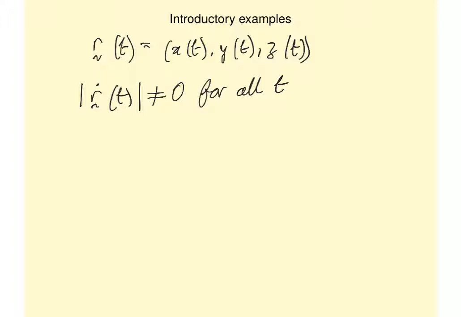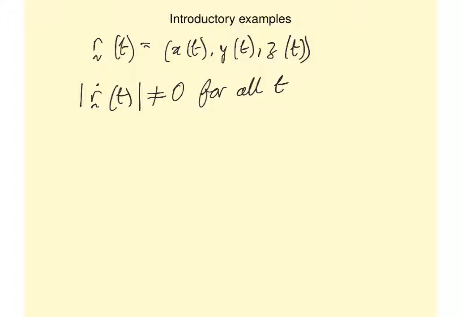And indeed, if you've got an open interval where the tangent is zero, then, well, in fact, you've got a straight line, so you don't really need manifold theory for that. So this is a standard and stand-in example for curves in R3.